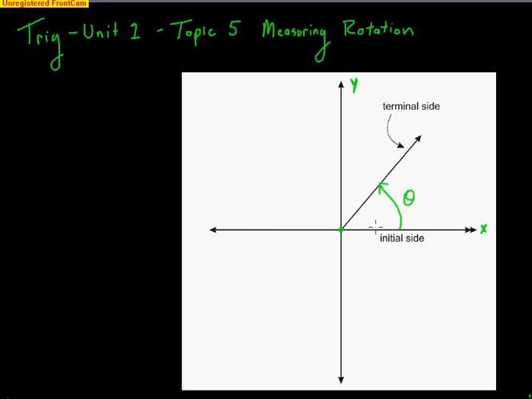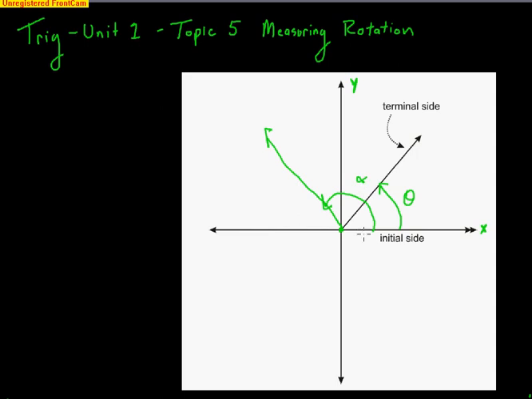Okay, now a couple other things we have to talk about is angles can go more than just the first quadrant. So we could rotate an angle all the way to here, and then we could draw the terminal side. Well, it's not too pretty, but we could draw the terminal side there. So that angle would obviously be an obtuse angle, bigger than 90 degrees, and that would be angle, maybe alpha.